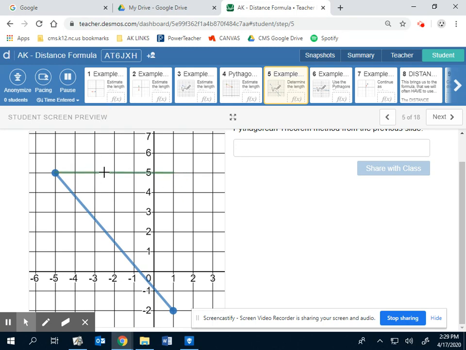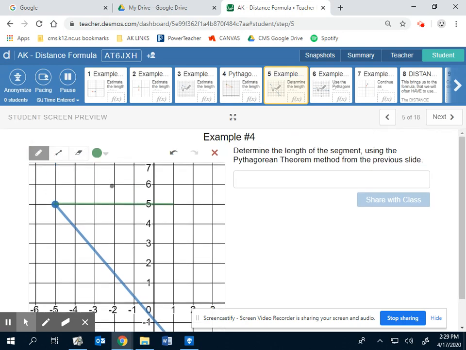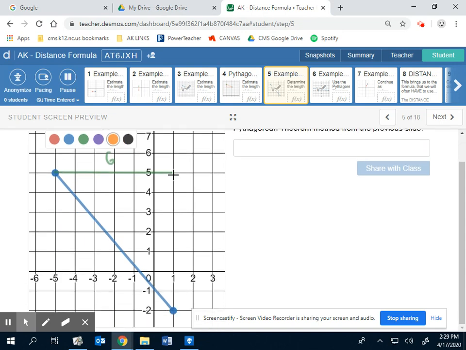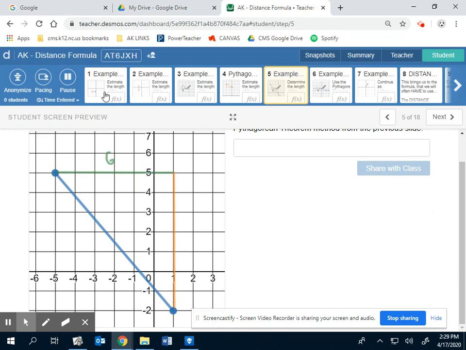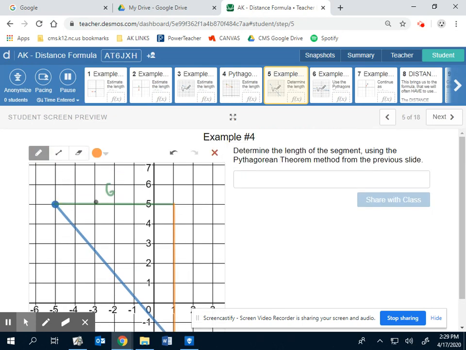1, 2, 3, 4, 5, 6. So that distance there is 6, right? And then straight down to get our next line, straight down, and we'll count that as well. So if we count that, that's going to be 5 plus 2 more gives me 7, right? So this is going to be 7.